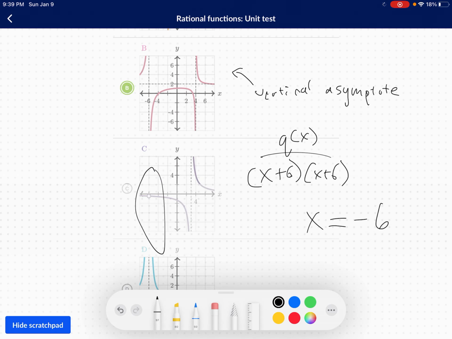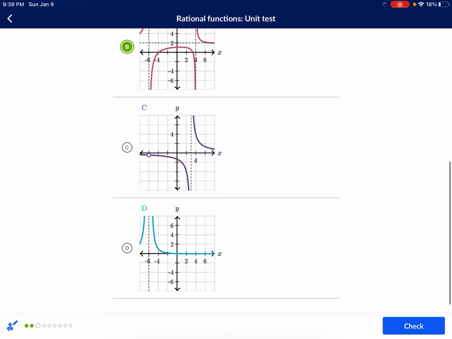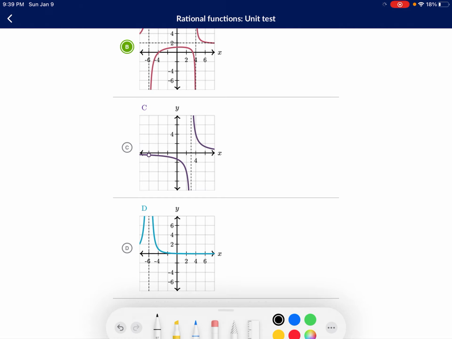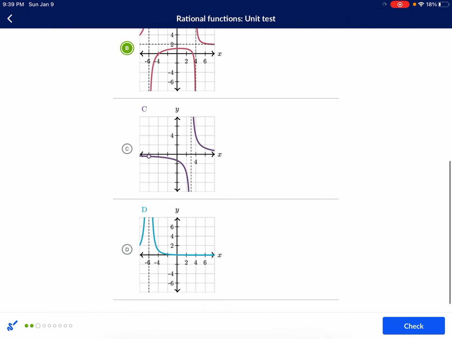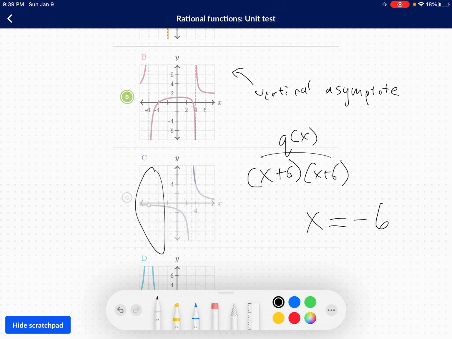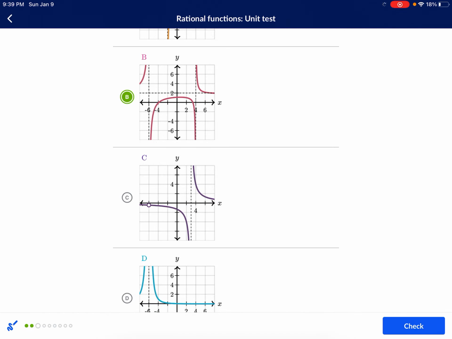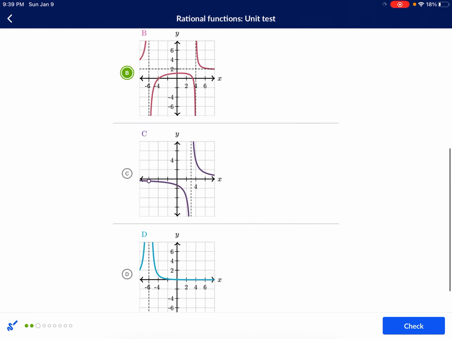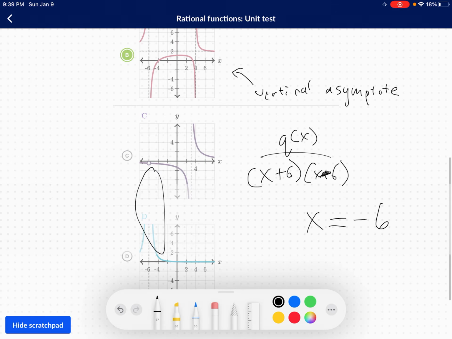Oh wait, it has to be a vertical asymptote, because if it were like x plus 6, x minus 6, one of the vertical asymptotes could be 6, and the other could be a removable discontinuity. So one of them has to be a vertical asymptote. So x equals negative 6 has to be a vertical asymptote. So it should be B.